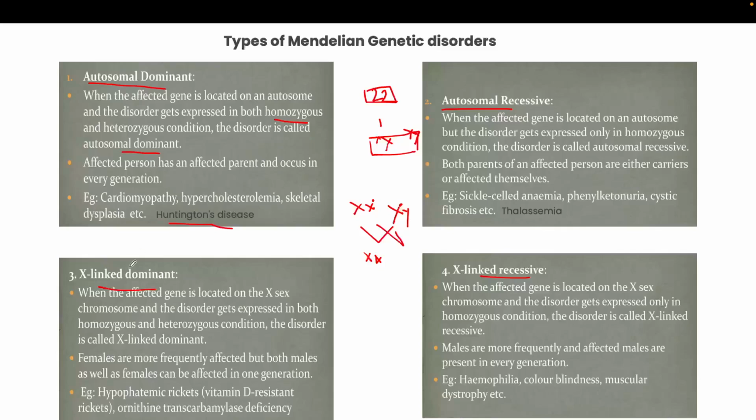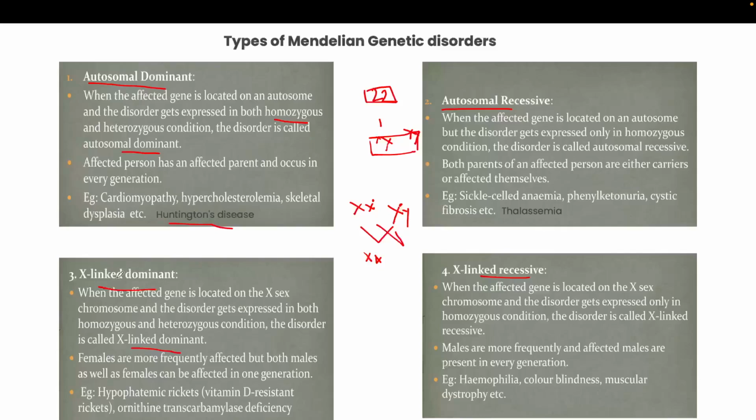Okay, then you have the X-linked dominant, or sex-linked dominant. When the affected gene is located on the X sex chromosome, and the disorder is expressed in both the homozygous as well as the heterozygous condition, then the disorder is called X-linked dominant. Like autosomal dominant, X-linked dominant is found in either the homozygous or the heterozygous condition.